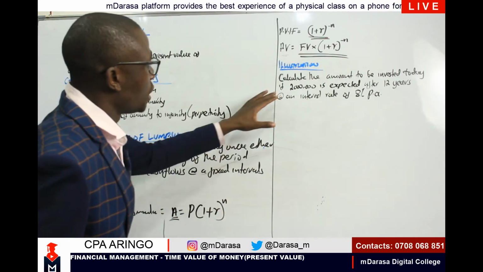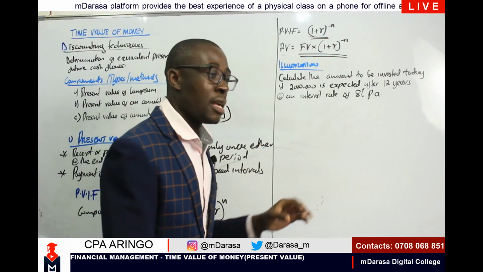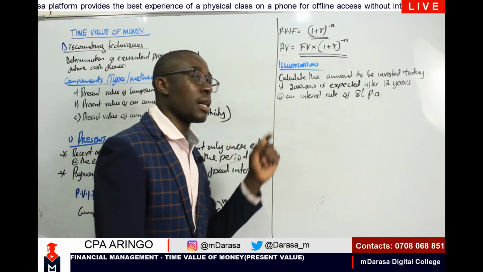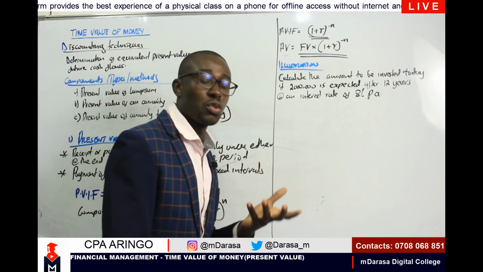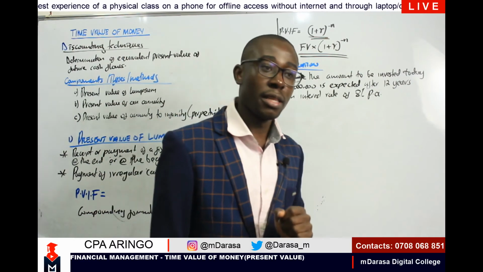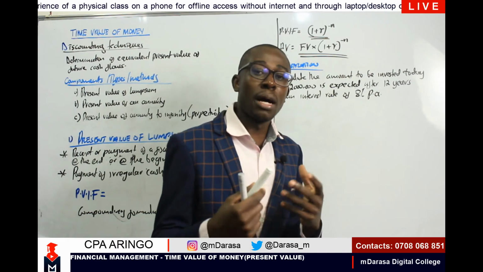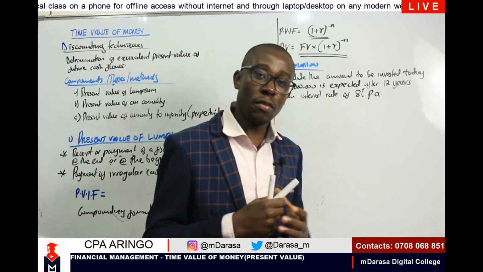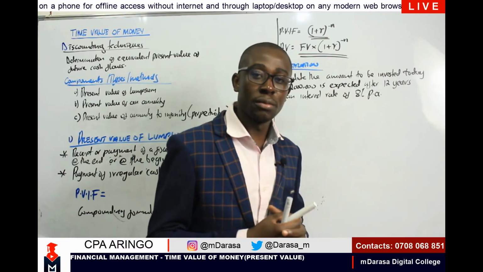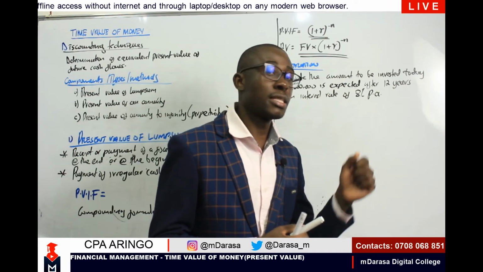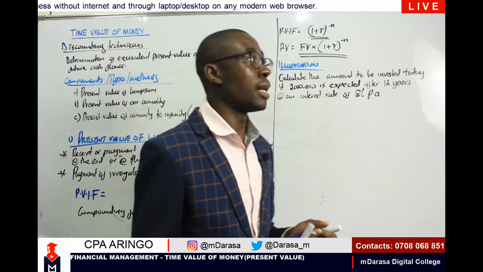So we want to determine, my good student, the amount that if we invest today will give us 2 million after 12 years at an interest rate of 8% per annum.